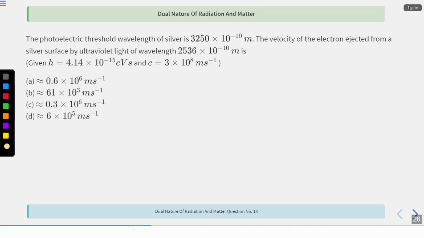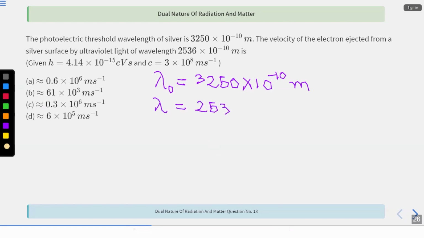First of all, we have been given the threshold, that is lambda naught, and that is 3250 into 10 to the power of minus 10 meter, right? And we have been given lambda, and that is 2536 into 10 to the power minus 10 meter.